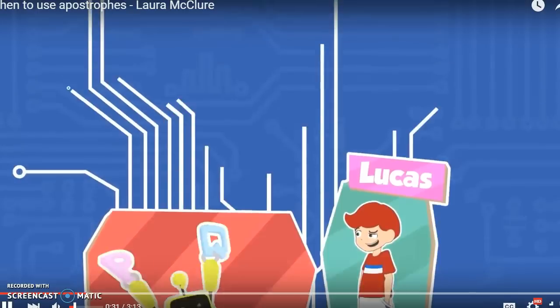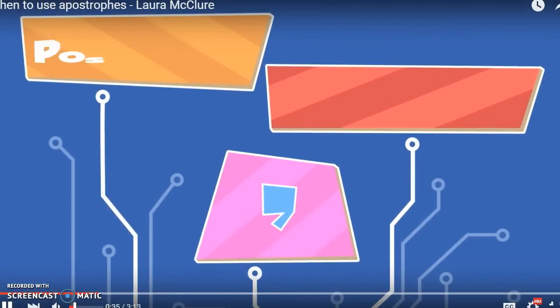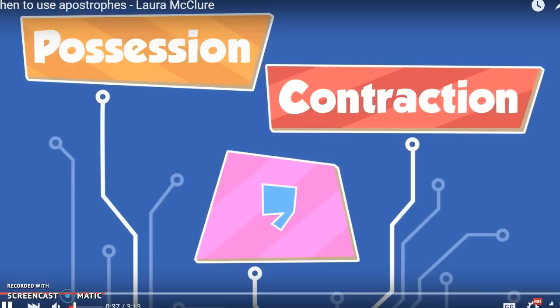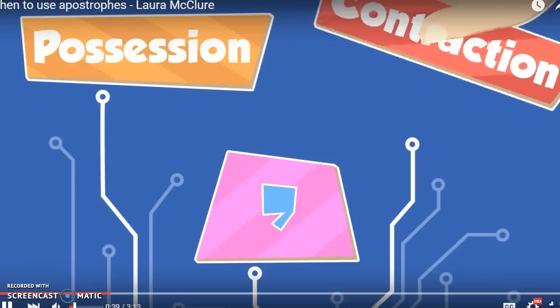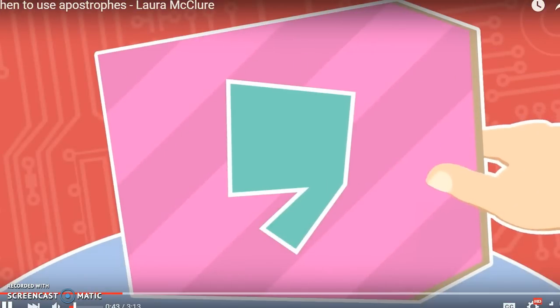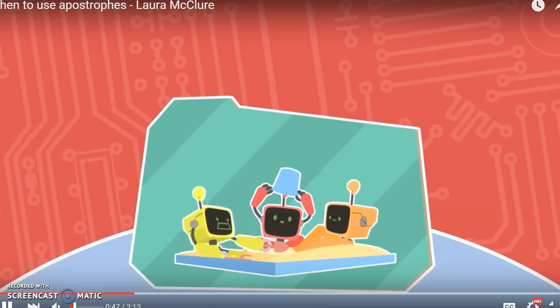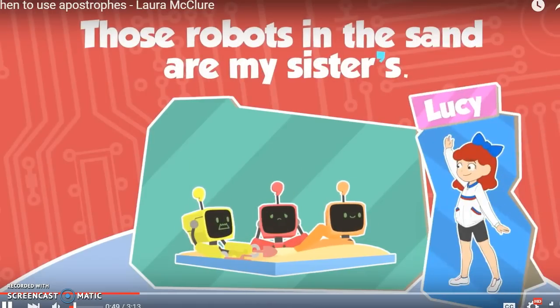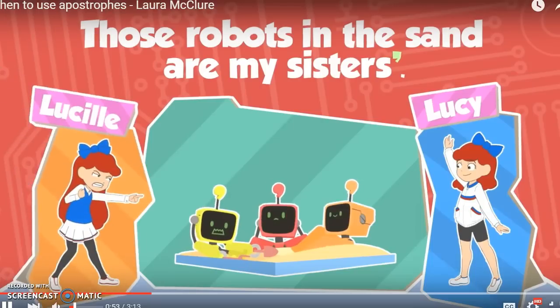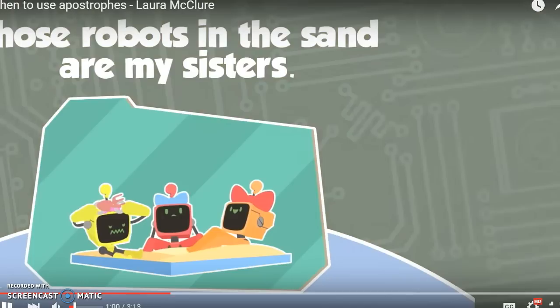Most of the time, if you see an apostrophe hovering helpfully near a word, it's trying to mark possession or contraction. First, let's look at how the apostrophe marks possession. As you can see, the placement of this punctuation mark can really change the meaning of a sentence. Those robots in the sand are my sisters.